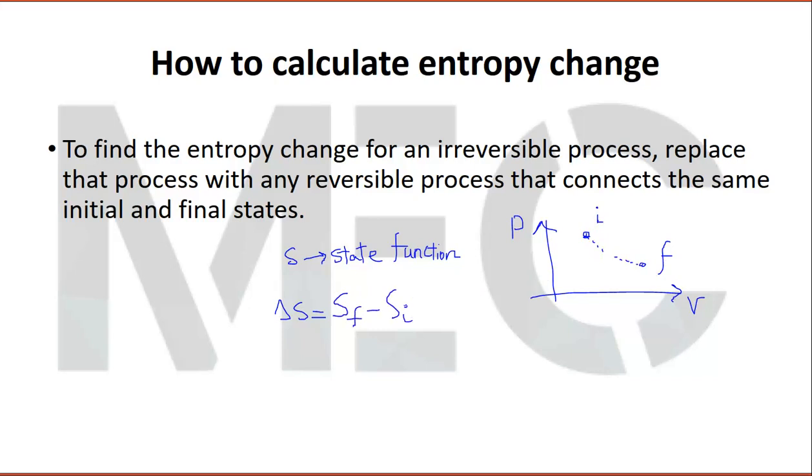We can go through this path or this path or this path, whatever way we go, delta S will be the same. So we choose to do the calculation based on a reversible process, which happens very gradually.